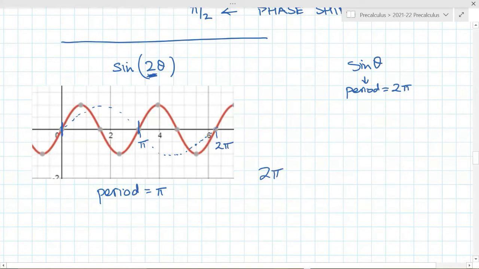Since we are compressing it by 2, we have to divide by 2. When we multiply the x or the input by something, it actually compresses by that much, so we have to divide. If you do 2 times, that means you compressed it 2 times. Now the width of the period is half of what it was before, so we do 2 pi over 2. The period now is pi.